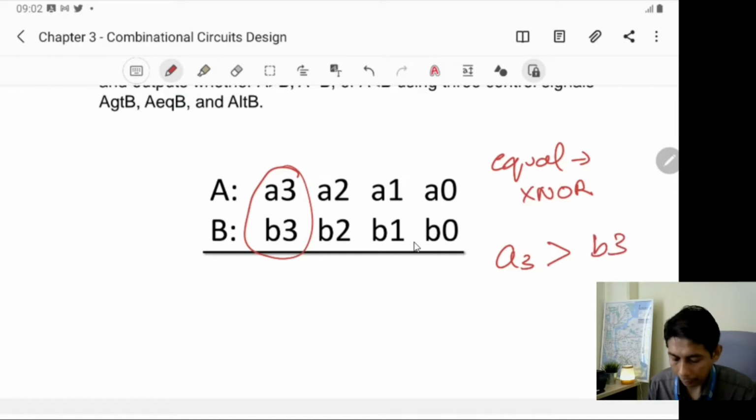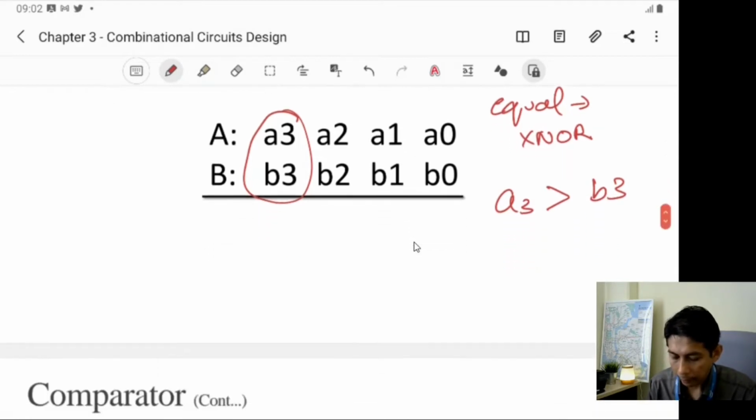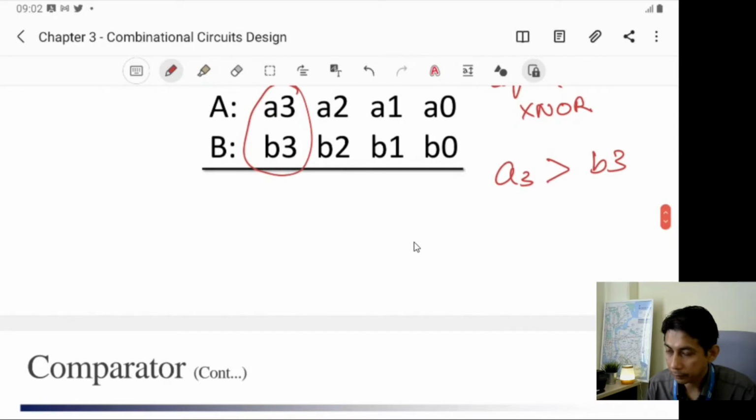B3 or not, right? Because we work in digital, the number is easy. We have only 0 and 1. So there are two numbers only, 0 and 1, or 1 and 0.